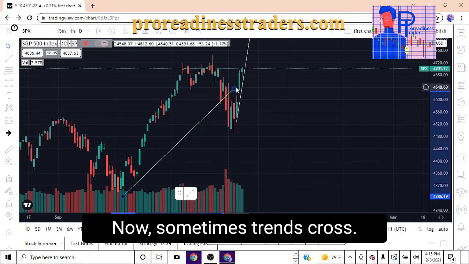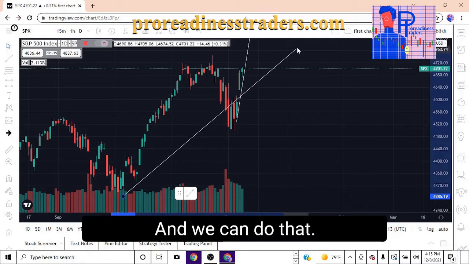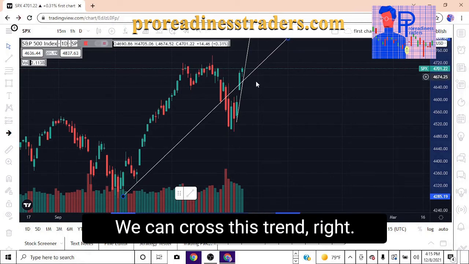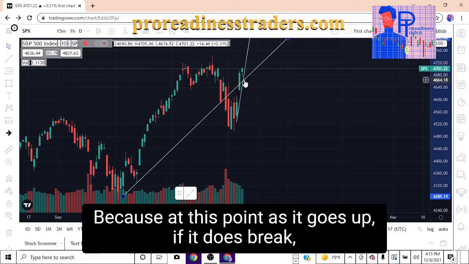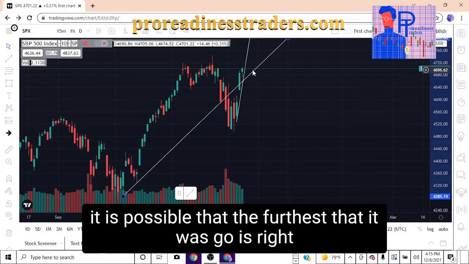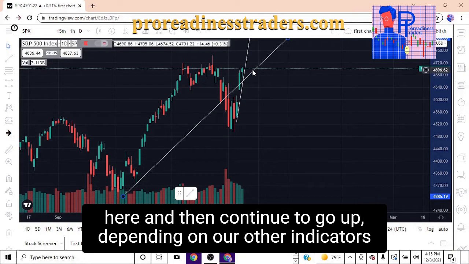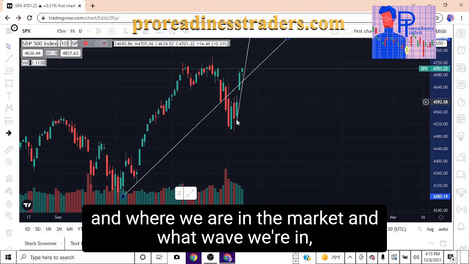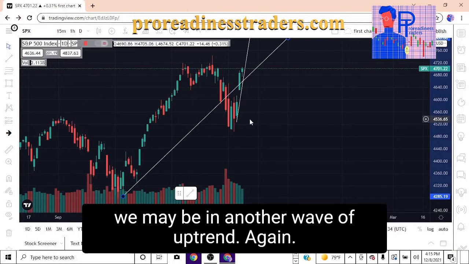Now, sometimes trends cross, and we can do that. We can cross this trend, right? Because at this point, as it goes up, if it does break, it is possible that the forwards that it was going is right here, and then continue to go up. Depending on our other indicators and where we are in the market and what wave we're in, we may be in another wave of uptrend.